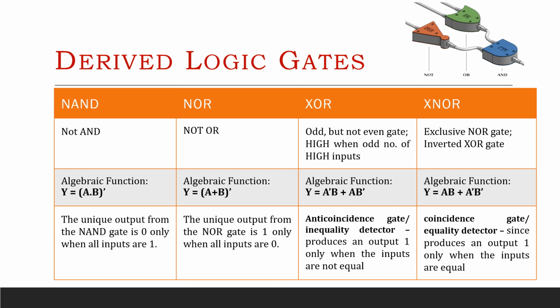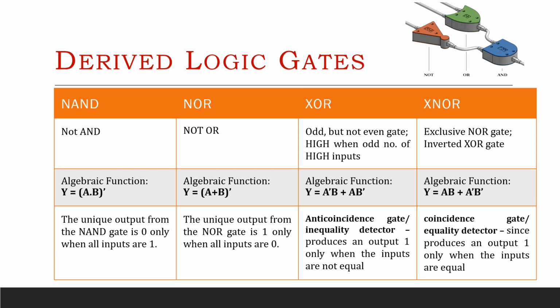XOR is the odd-but-not-even gate. That is, it produces high when an odd number of high inputs are present. The algebraic function is Y is equal to A bar B plus A B bar, and it is also called an anti-coincidence gate or inequality detector because it produces an output 1 only when the inputs are not coinciding or not equal.